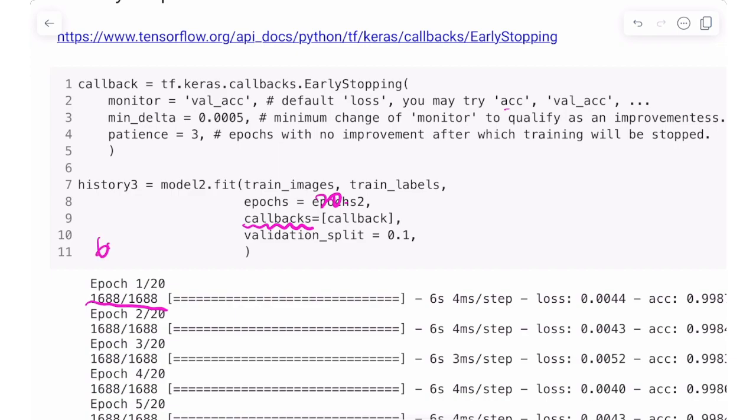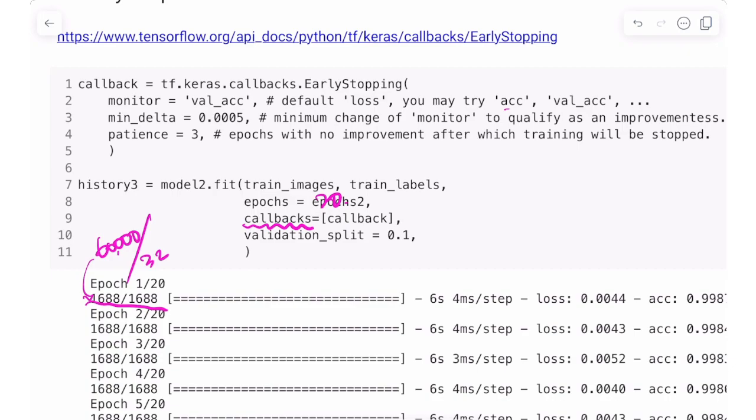That is because we have a total of 60,000 samples, and the batch size is 32. So we can do partial differentiation 1,688 times when we perform gradient descent, right?